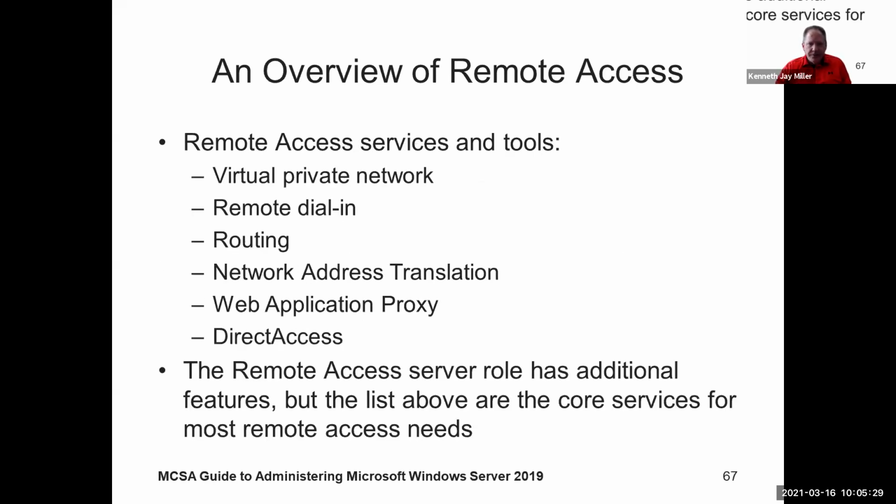So some of the features that are available in remote access, we can set up virtual private networking. We can use remote dial-in. Now, remote dial-in, if you're like me, when I first learned about remote dial-in, I thought, that's like an old technology. Why would we use a dial-in modem to connect to a remote network at such slow speeds?